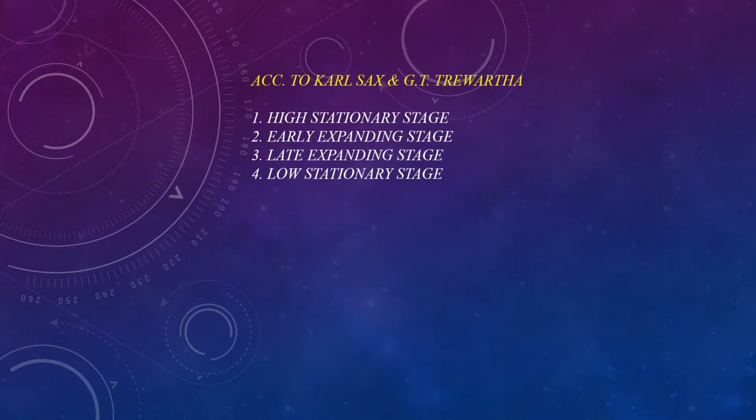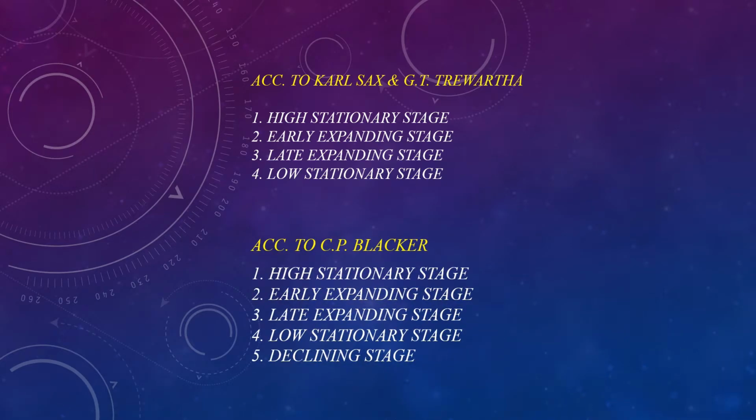Now, according to Carl Sauer and G.T. Trewartha, this theory has four different stages. First one is the high stationary, second one is the early expanding, third one is the late expanding, fourth one is the low stationary. Whereas according to C.P. Blacker, this theory has five different stages.